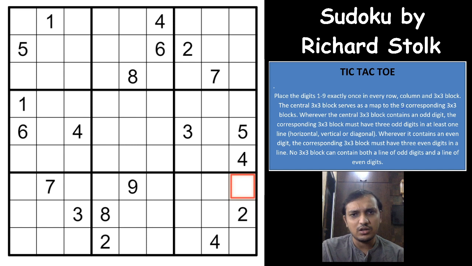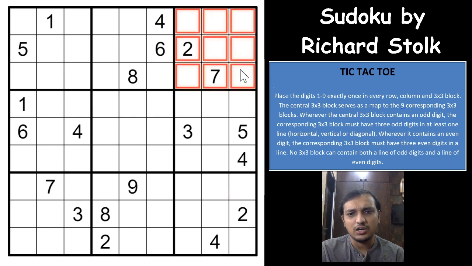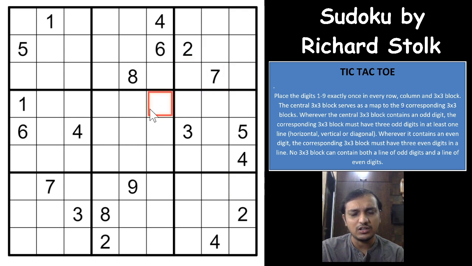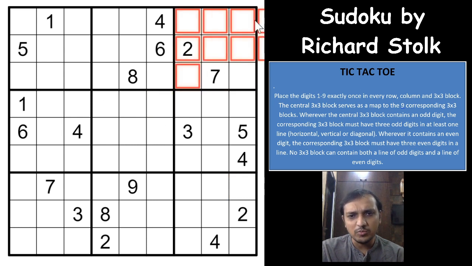So wherever the central 3 by 3 box has an odd digit, for example you have an odd digit here in the third cell, then the third box in the 9 by 9 grid will have 3 odd digits in a straight line, maybe horizontal, vertical or a diagonal, right?